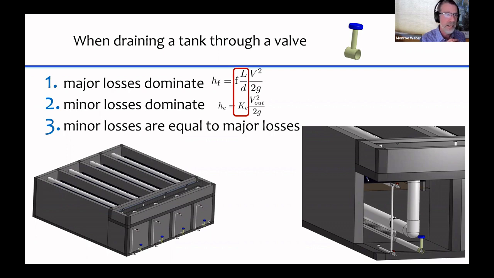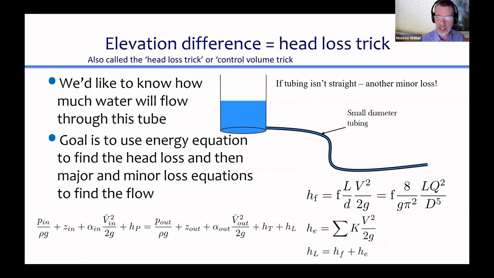But if fL over D is less than 1, if L over D is less than 50, then chances are minor losses dominate. Of course, you should know what the minor losses really are, but it takes a lot of length of pipe to get you the same thing as just the fact that the pipe is exiting into the atmosphere and you're losing all that energy. So good job on that.